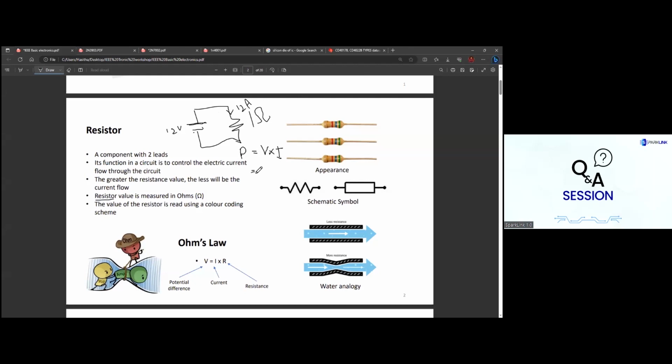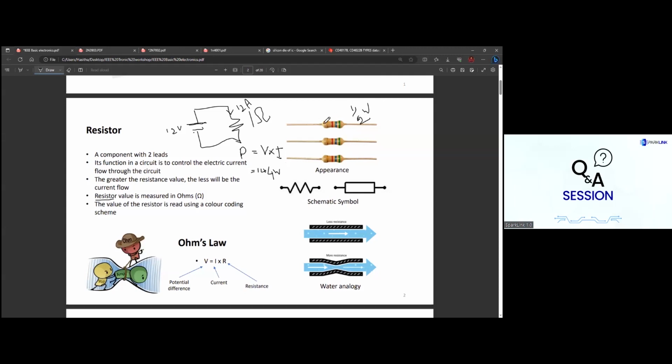So this resistor is dissipating 144 watts of energy. This type of very small resistor is rated for half watt, or maybe 1 watt, or maximum 1 watt.